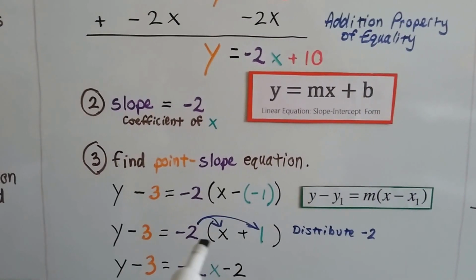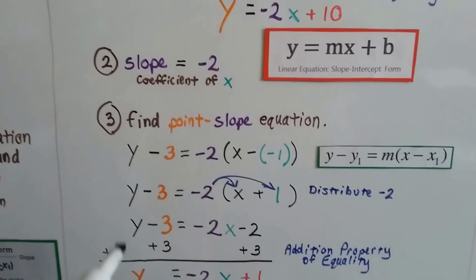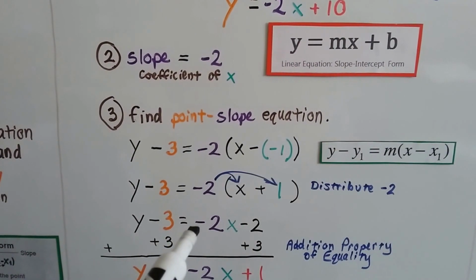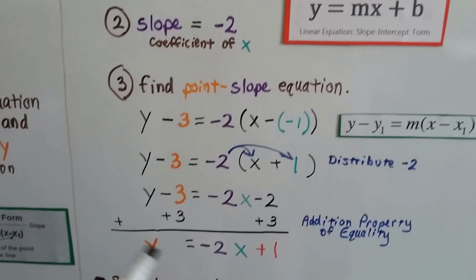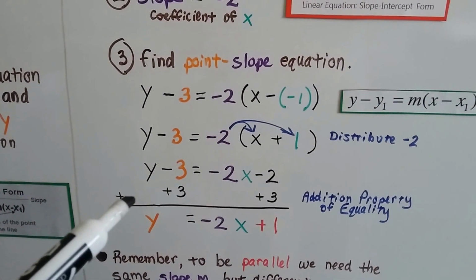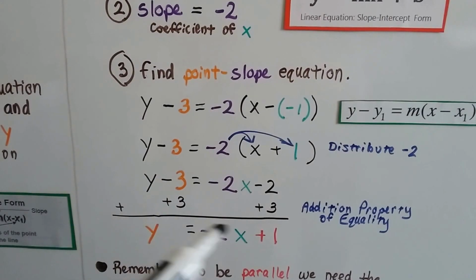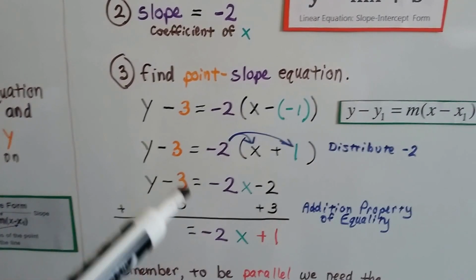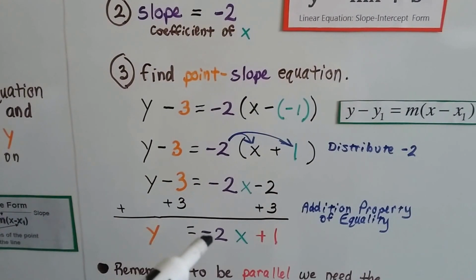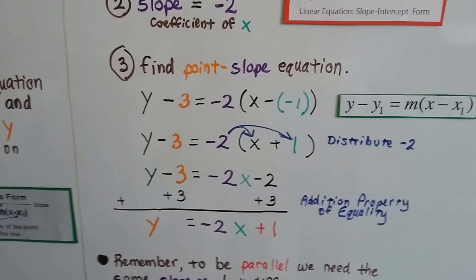Now we can distribute that -2 to the x and to the 1. We get y minus 3 equals -2x minus 2. Now we can use the addition property of equality again to isolate the y. So we're going to add 3 to each side of the equation, create a 0 pair here, and now we have y equals -2x plus 1. -2 plus 3 is a positive 1.